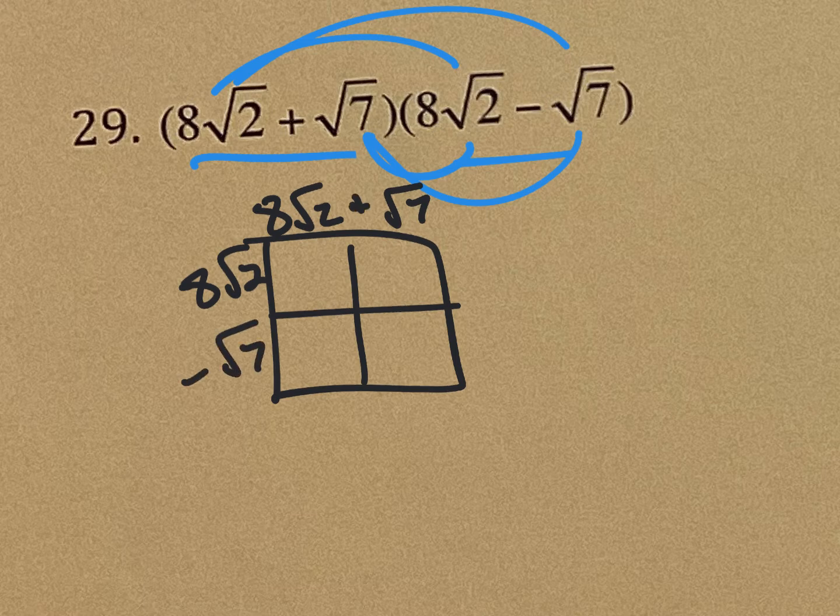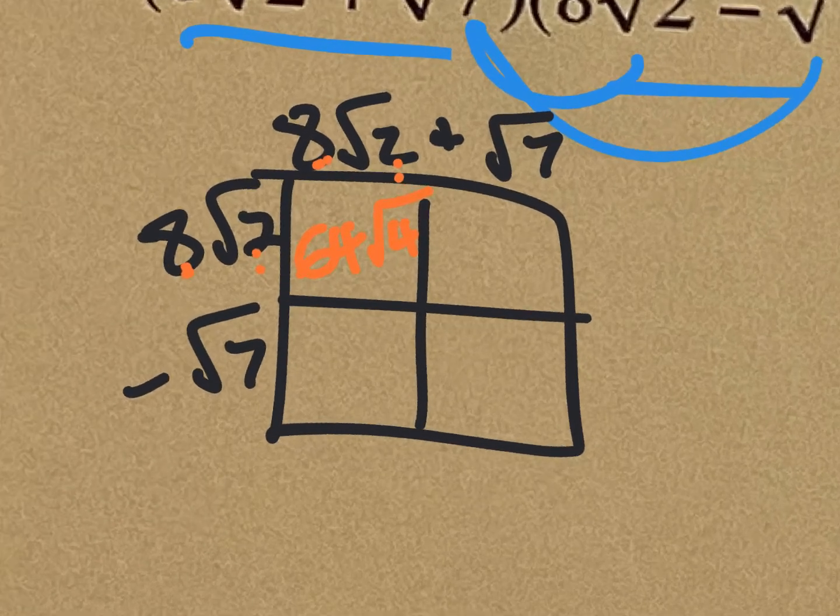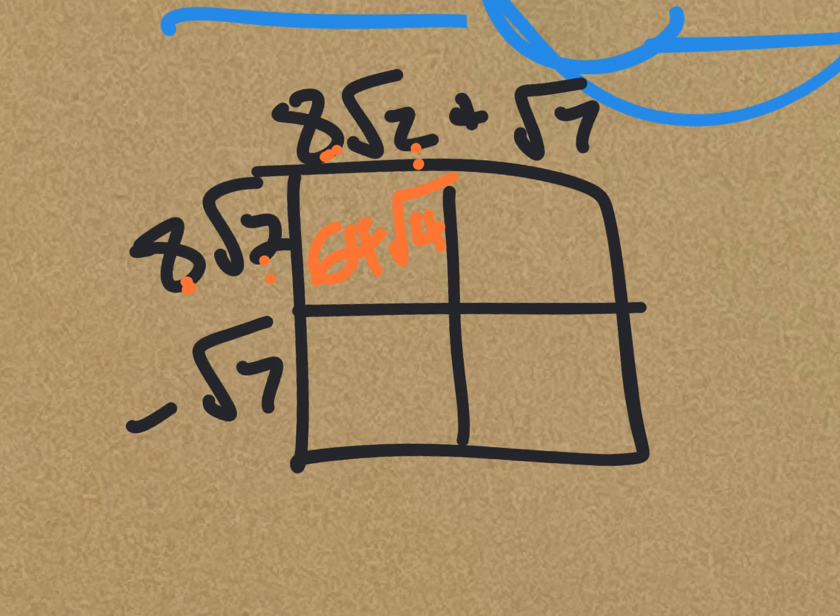Let's go ahead and set up your box and think about what's going to go inside each box. Because I'm multiplying outside with outside numbers, inside numbers with inside numbers. So all in all, this is 64 square root of 4. Now here I can do square root of 2 and square root of 7, square root of 14, and the 8 just kind of tags along there.